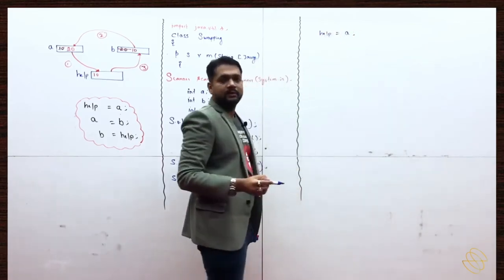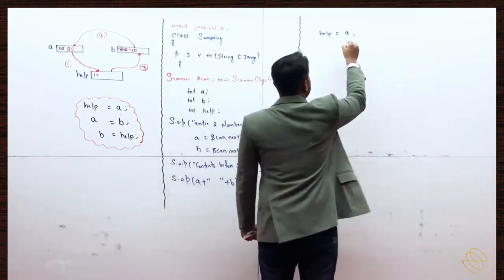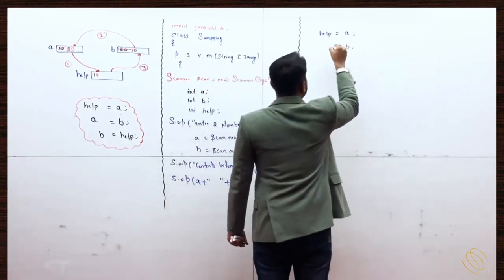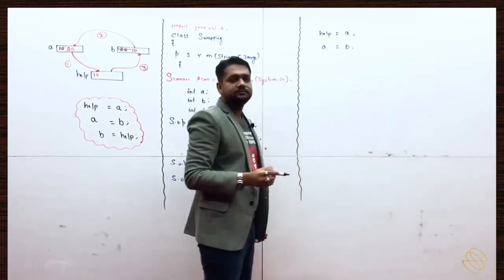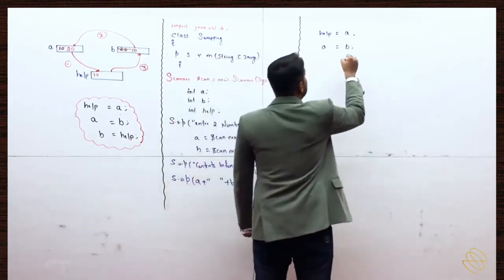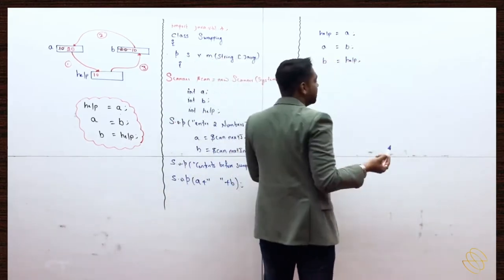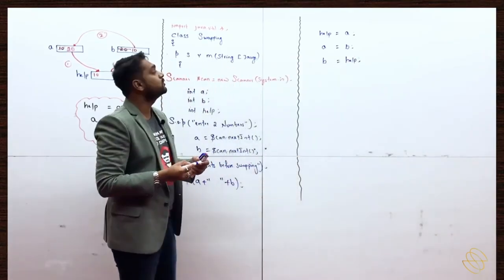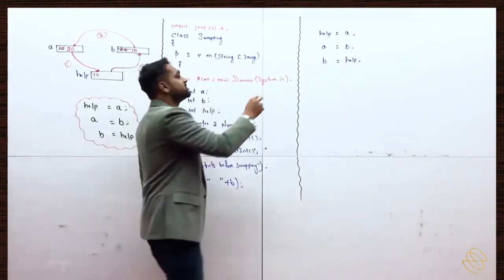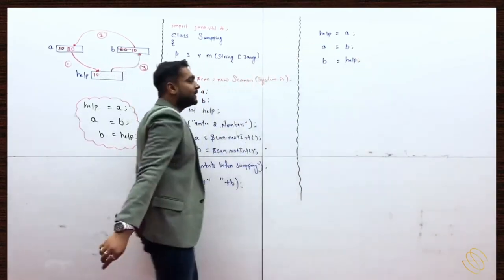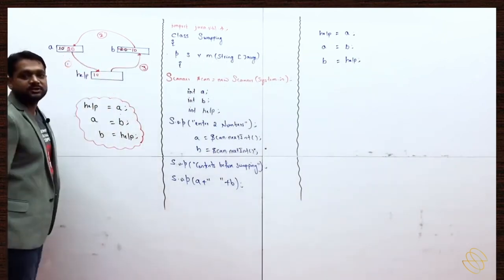Done. Whatever is in the second variable, I will take it and give it to the first variable. Done. Whatever is there in the helper variable, I will take it and give it to the second variable. Done. Swapping is over. That is how you will swap. If these three lines get executed, the content should get exchanged.